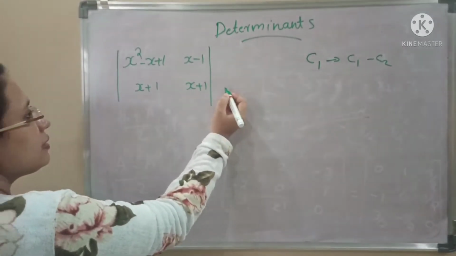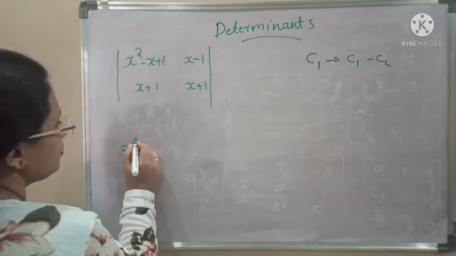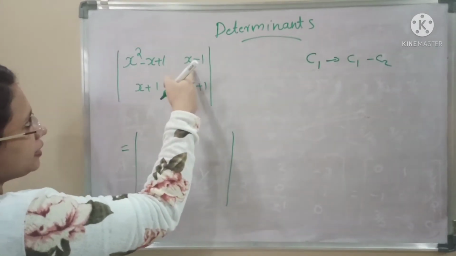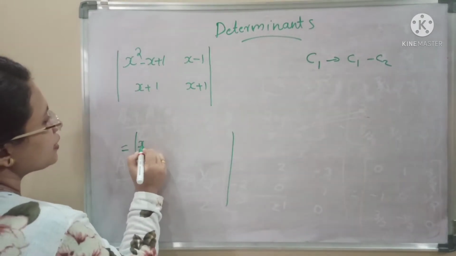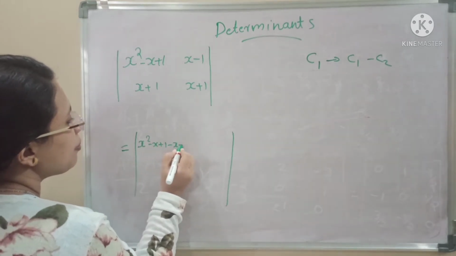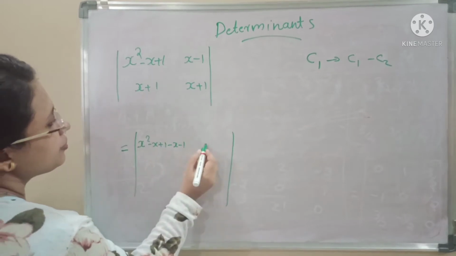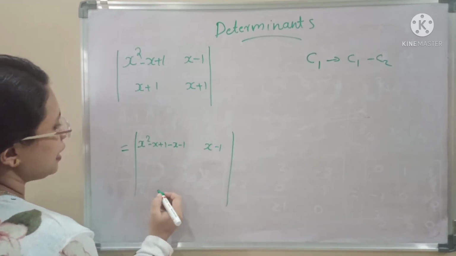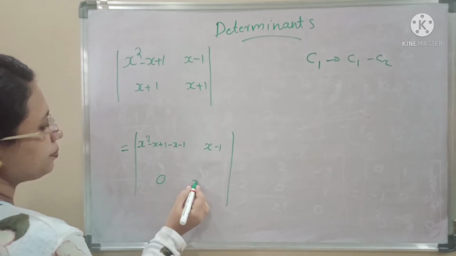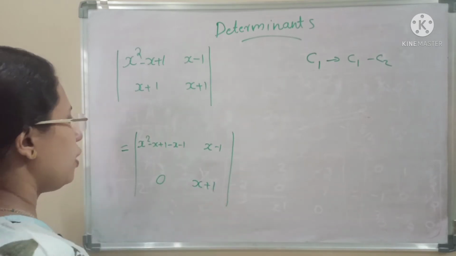So C1 minus C2 will be x square minus x plus 1 minus x minus 1. Then this column will be the same, no change. x plus 1 minus x plus 1 will be 0. Then x plus 1.